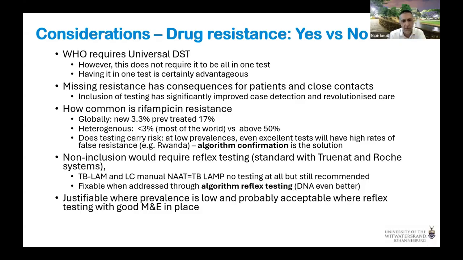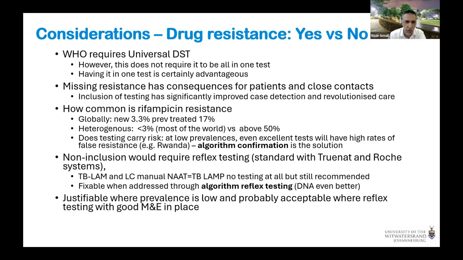By definition, if you don't have rifampicin included in your test, and this is actually currently practiced with TB-LAMP, the low complexity NAT, which is basically the TB-LAMP of the past, we have recommended technologies that don't include rifampicin and have highlighted the need for reflex testing, once you've got a positive, to reflex and at least test for rifampicin resistance.